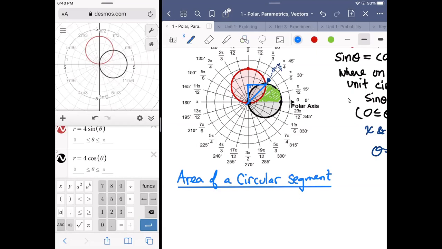All right. And that formula, area is equal to 1/2 r squared times theta minus the sine of theta. This formula has a whole derivation, and it's wonderful. I use the law of cosines to derive this formula, but that's a different story for a different life, I guess.